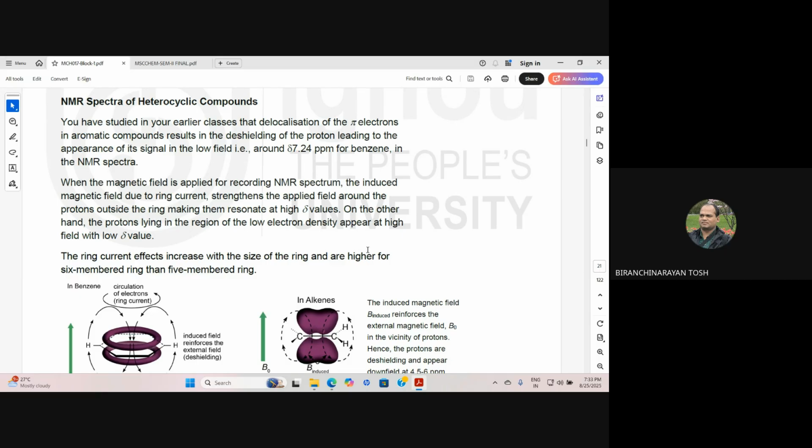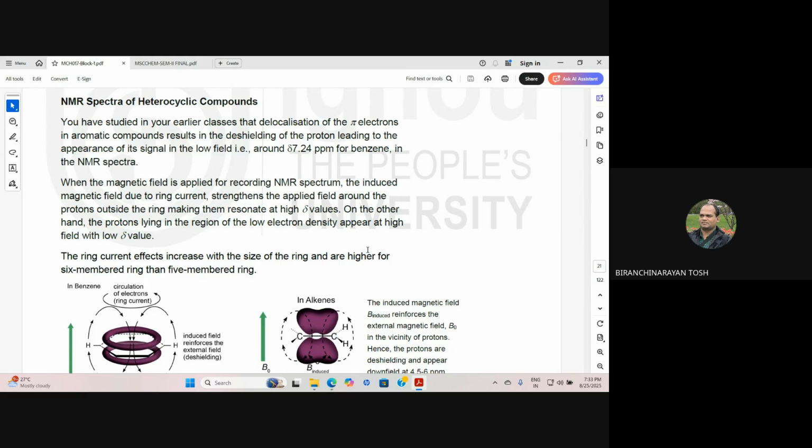So what will happen when you supply a strong magnetic field? The spin of the nucleus and the magnetic field will come into alignment with each other. There will be a flip of the nucleus from lower energy level to higher energy level in the presence of the external magnetic field.